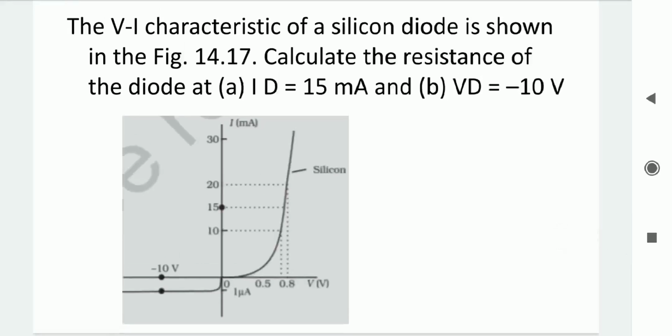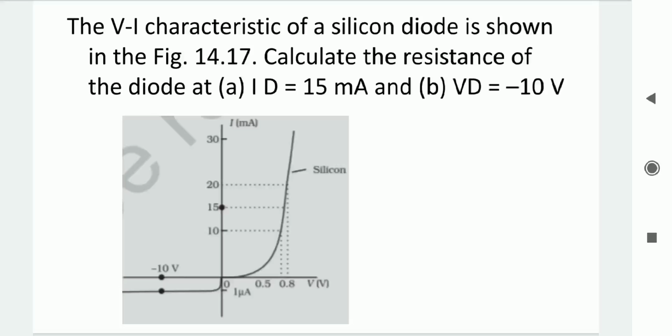So here, from the characteristic in the diagram, let us take first 10 milliampere current, and then move towards 20 milliampere current. That is the range we are taking for the change in current, and we can calculate the resistance using Ohm's law.